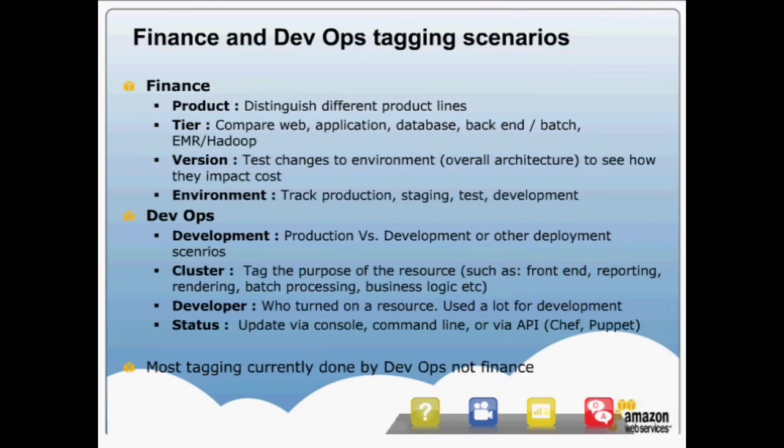So really, there's a business side, like finance, we looked at tagging, and DevOps, development. The interesting thing, what we're finding right now, is that really it's DevOps using tagging a lot to identify cost and utilization. The finance people, I think perhaps maybe they're not used to having this granular level of costing and tagging and identification.